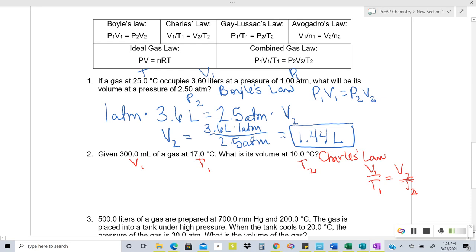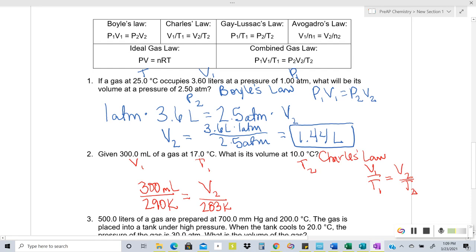So T1 will be 290. Our V1 is 300. V2 we don't know. And T2 in Kelvin will be 283. Okay. So please do not tell me this is the butterfly method.